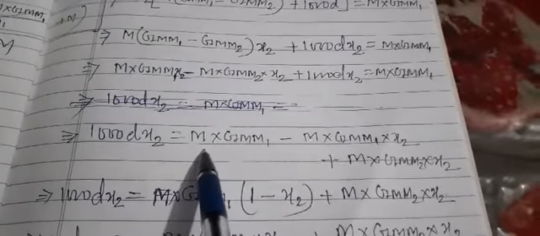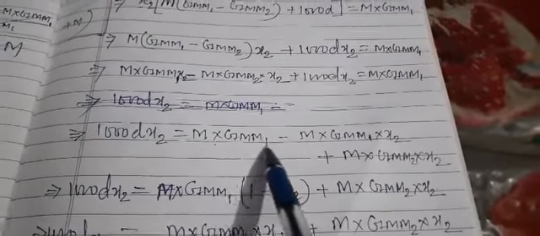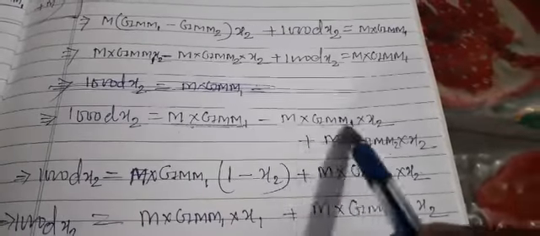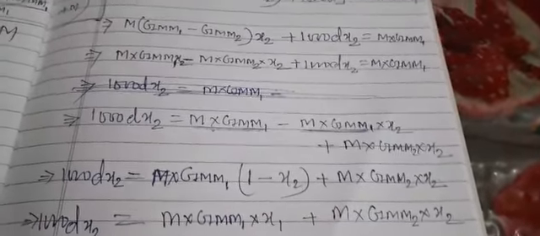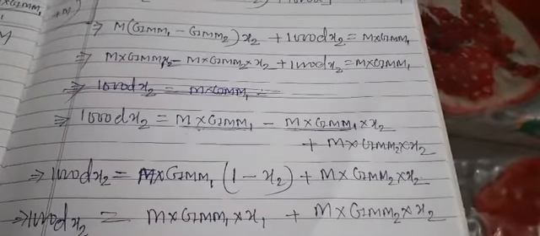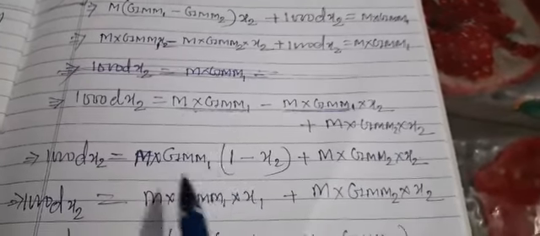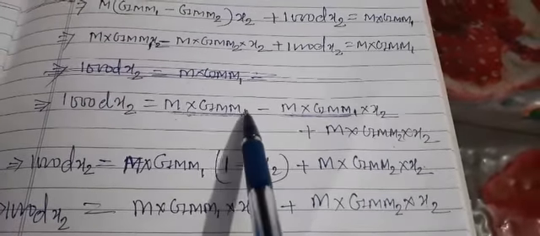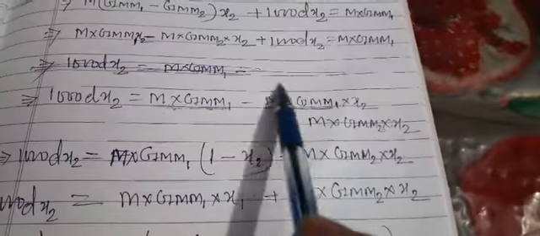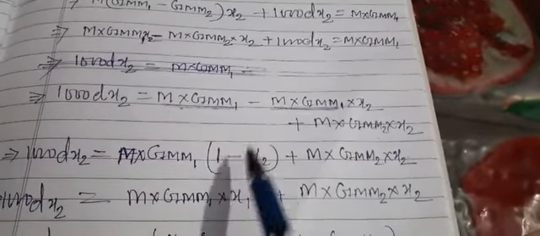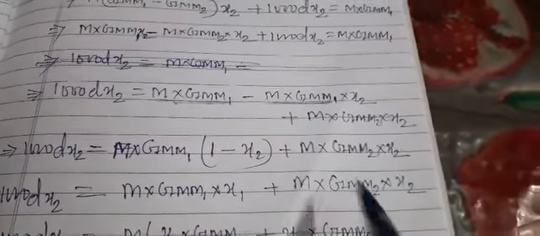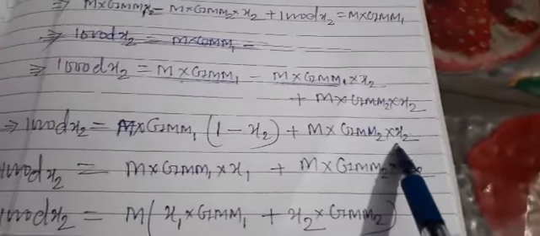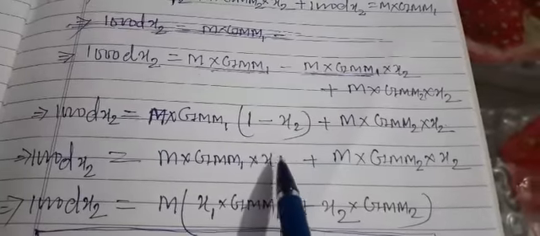Now in these two, M gm1 here and M gm1 here, it is common in both these terms, so M gm1 will be taken as common. So here there will be 1 and here x2 will be remaining, this minus sign is there, so 1 minus x2, and then we will be writing this one which is remaining. I have written here, and 1 minus x2 becomes x1.